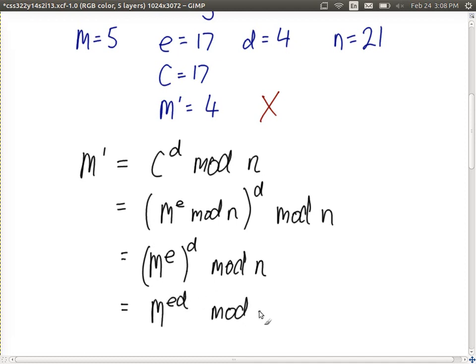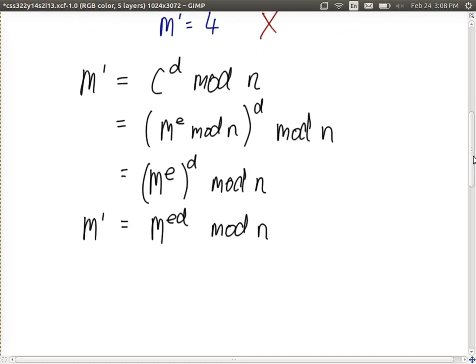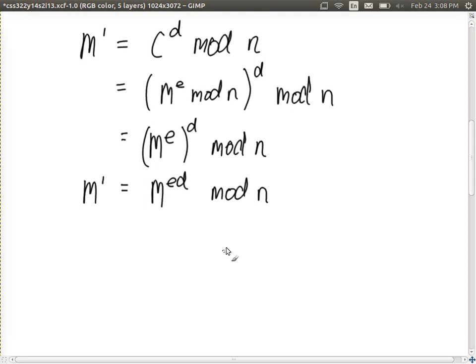That's just our rules of exponentiation. So, and I'll write m prime. So we're saying that for m to equal m prime, this must be true.